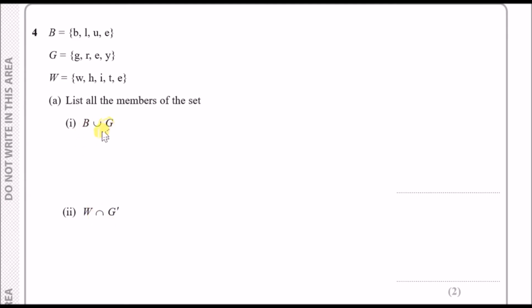So for the uniting thing, we just write every single letter that appears in both B and G. Well, if we look at both sets, they literally have a BLUE and a GREY. What you do, however, is you don't repeat the letters. So what I would do, I'll say, okay, the result is going to be a BLUE, and they also have a G, an R, but I'm not going to repeat the E, and a Y. So you just literally list every single letter in both sets.